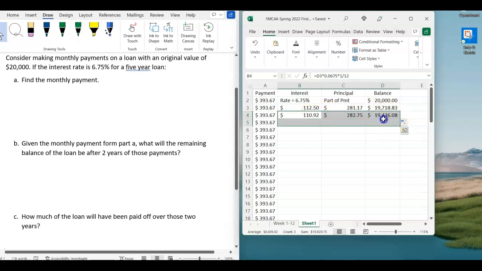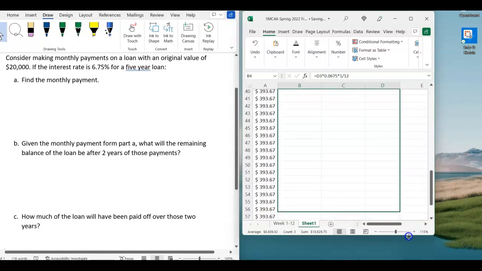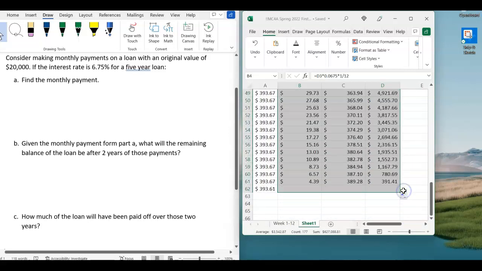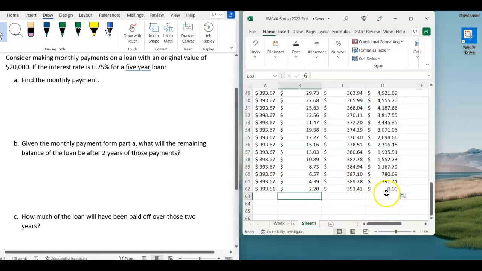If we drag this down for 60 months, starting at 3, it should end at 62. If we go all the way down to 62, it'll show us all the way down to a balance of 0. It changes the last payment.